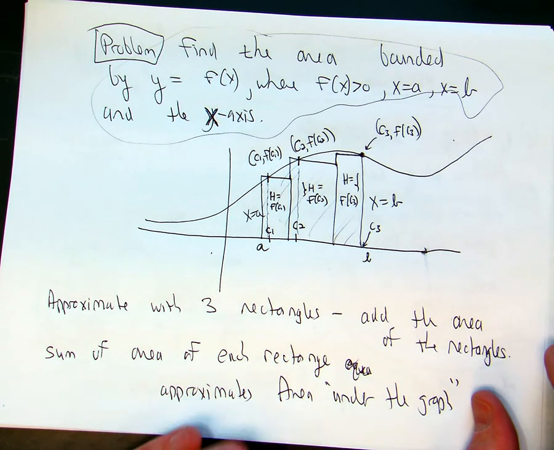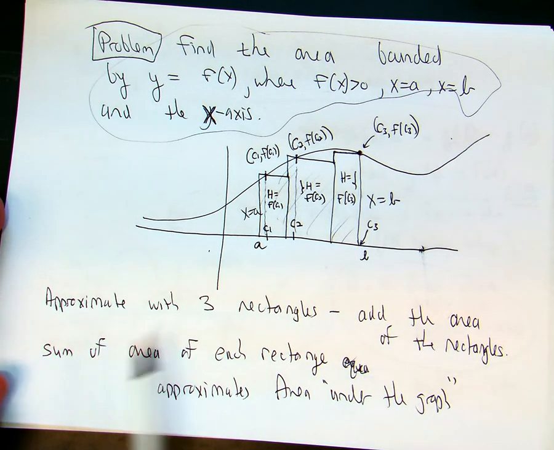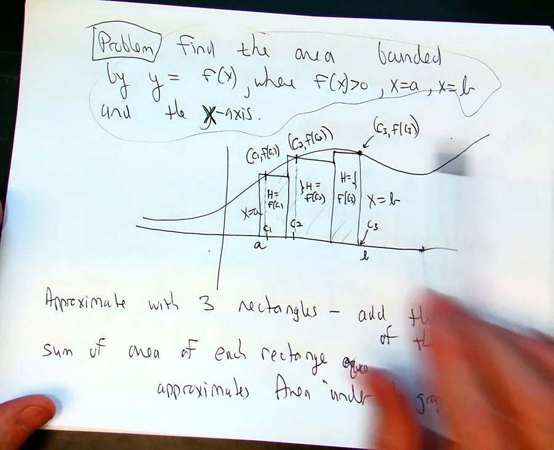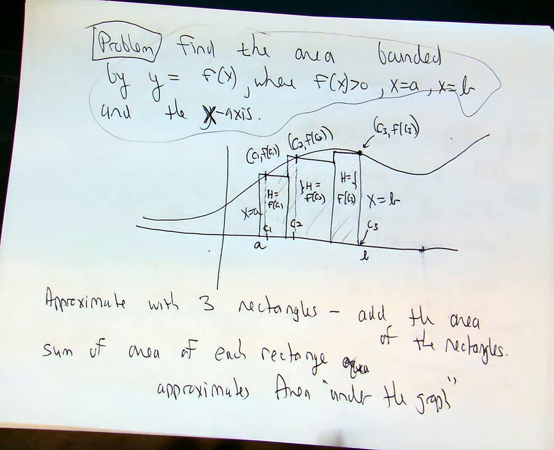Now, everybody buy that? If I add up these areas, I'm going to get an approximation of the area under the graph. And I'm probably going to get a little bit of an undercount because, as you see, I'm missing a lot of area. But it's an approximation, and that's all I'm after right now.